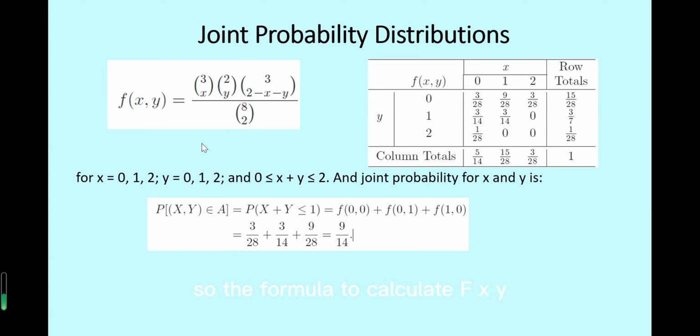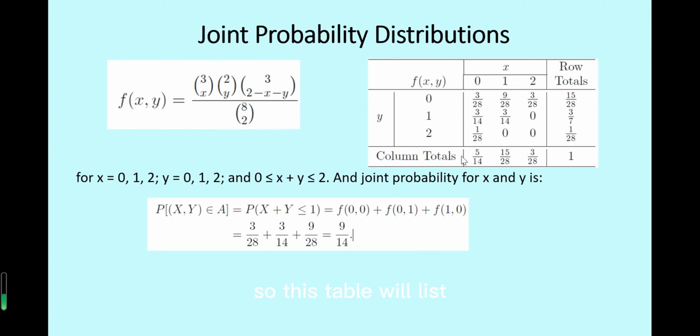So the formula to calculate f(x, y) can be written as C(3, x) times C(2, y) times C(3, 2 - x - y), divided by C(8, 2). The denominator is the total possible ways of selecting two items from 8, and the numerator is the selection for each group, where each group means a different color: blue, red, green.